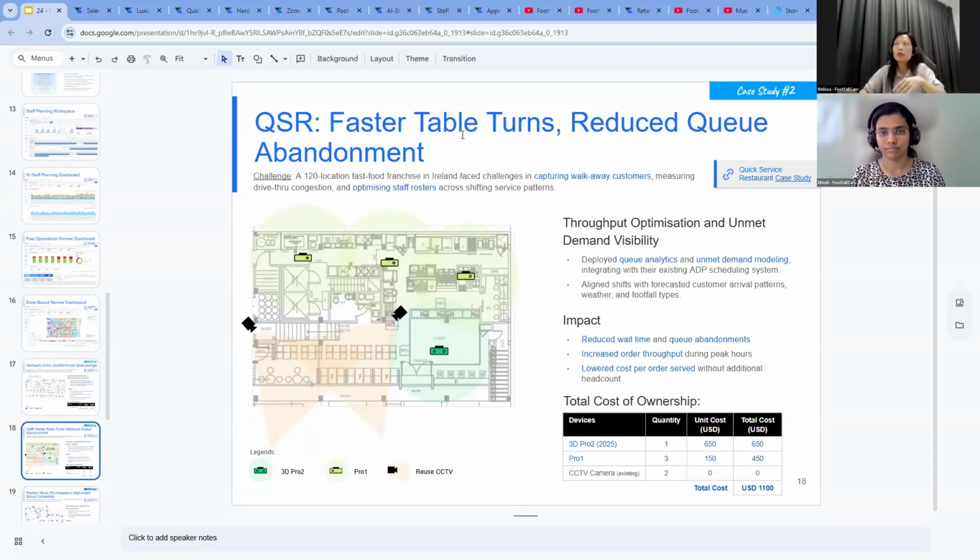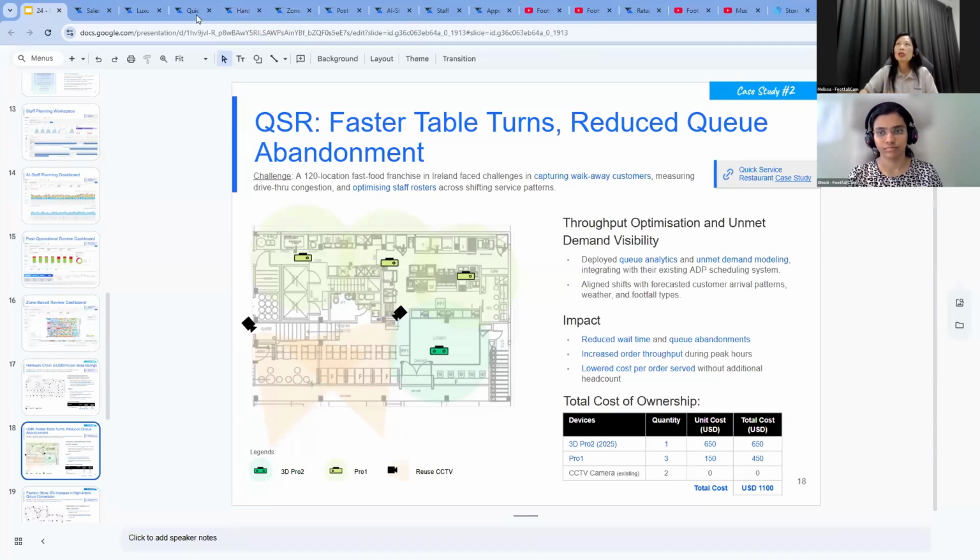So a faster table turnaround, reduced queue abandonment, and a very simple layout with 1 Pro 2 and 3 Pro 1, also integrating with the existing CCTV cameras, at the cost of this whole complete system. And we deploy the queue analytics and unmet demand modeling for them, and the impact, of course, is reducing wait time, increasing customer satisfaction, reducing queue abandonment, and increasing the order throughput during peak hours, which is the most important time for that.